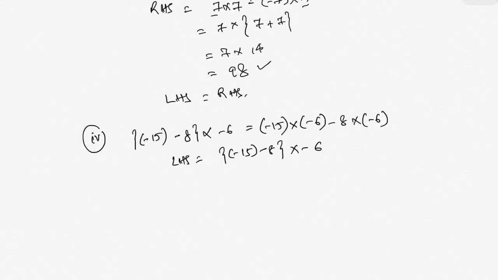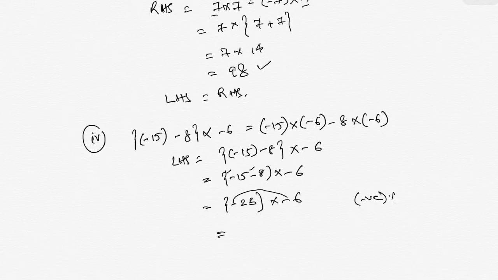Now notice here there are two negative signs. So this will be addition with a negative sign. 15 plus 8 is 23 into minus 6.